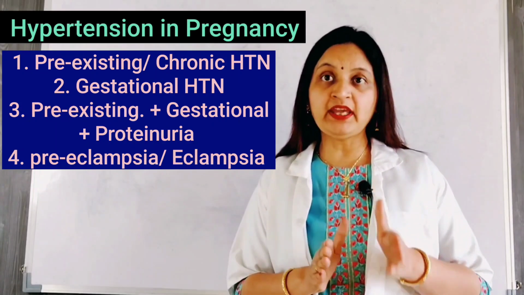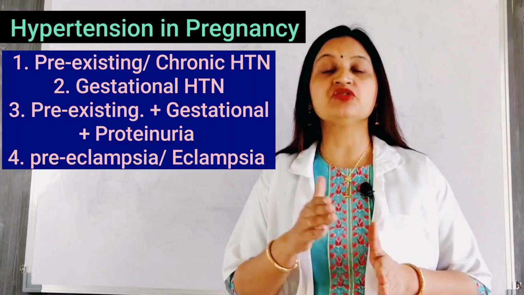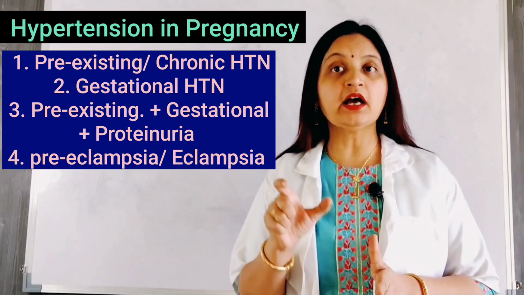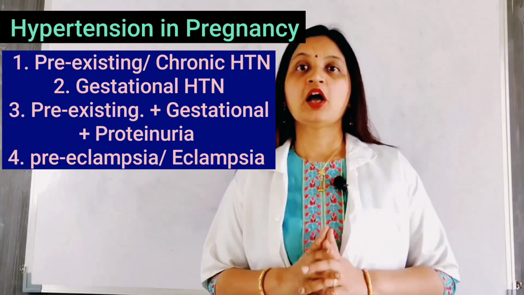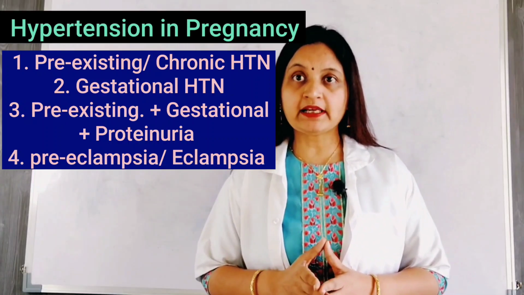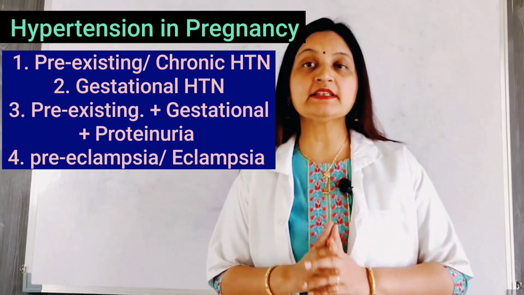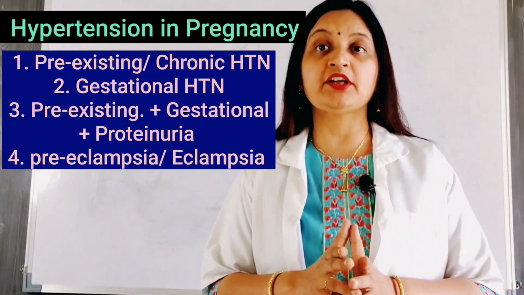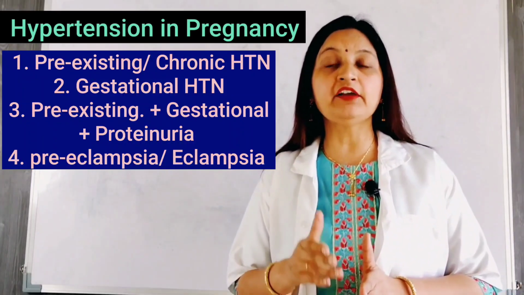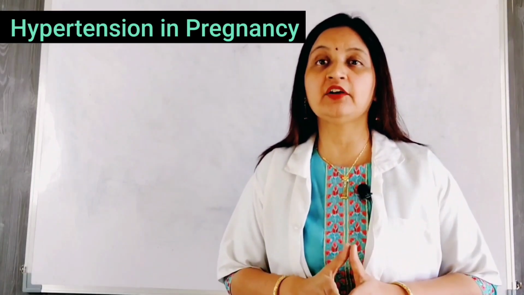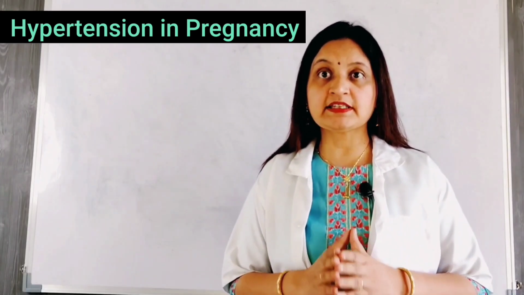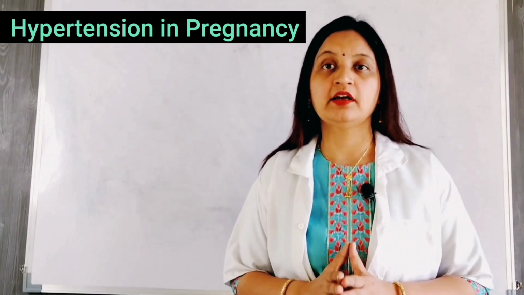The third is pre-existing hypertension and gestational hypertension with associated proteinuria. Lastly, preeclampsia or eclampsia, which is a hypertensive crisis, where gestational hypertension is associated with significant proteinuria with visual disturbances and hemostatic disorders.